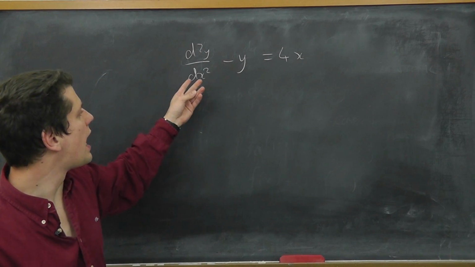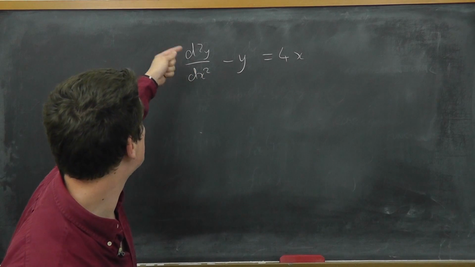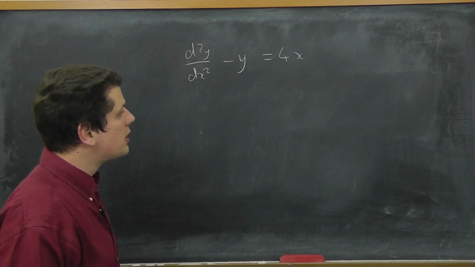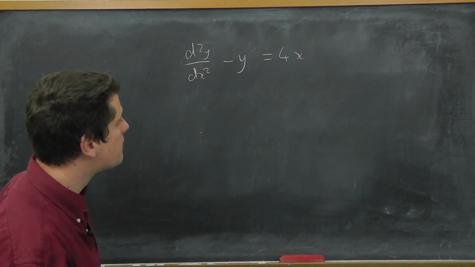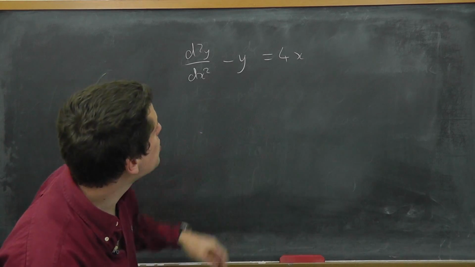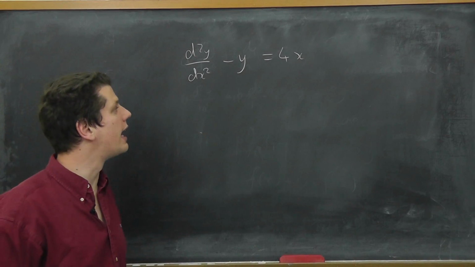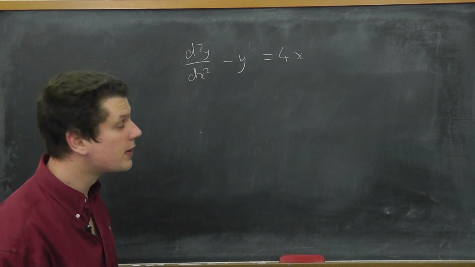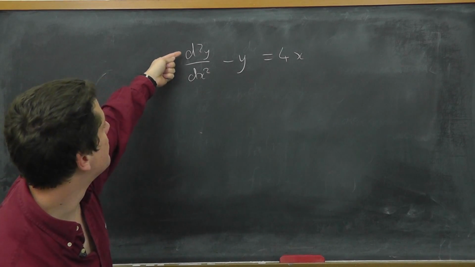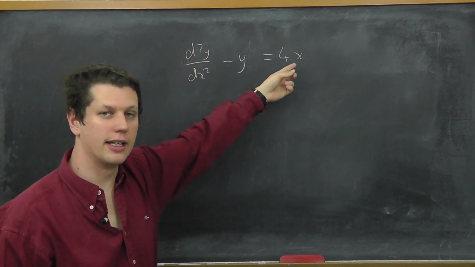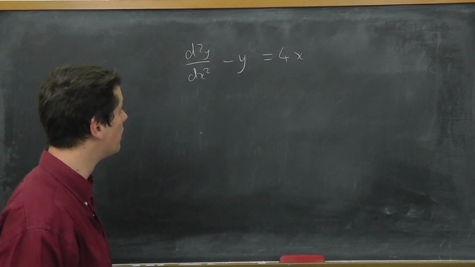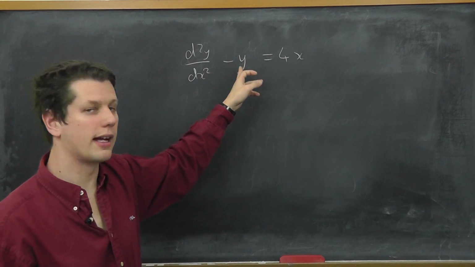So what would satisfy d squared y by dx squared minus y equals 4x? The sad news is there's no general way of finding a particular integral. In order to find a solution, you just have to guess. Usually, guessing things that look a bit like the right-hand side is not a bad idea. If, in fact, we took y to be 4x, then the second derivative would vanish, because differentiating 4x twice sends it to 0, and we get minus 4x here.